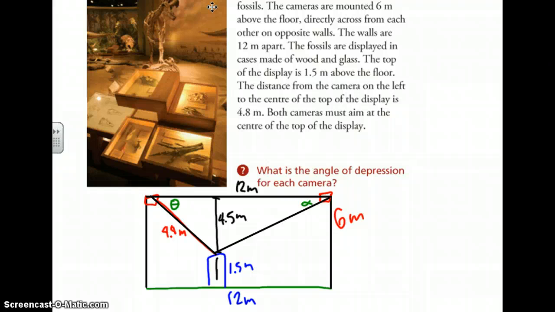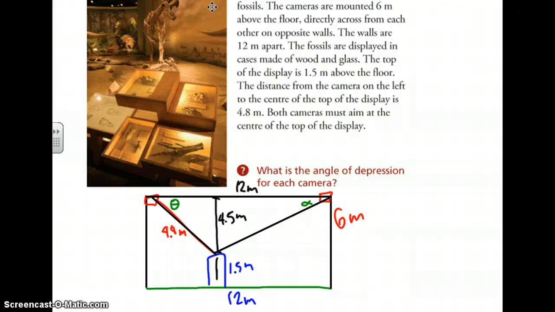So we have perhaps an acute triangle, and we have that one side is 4.8 meters long, and another side is 12 meters long. That should be enough information to give us something.